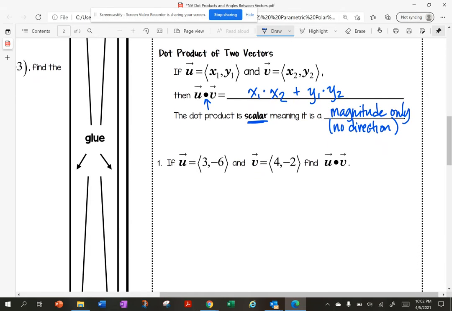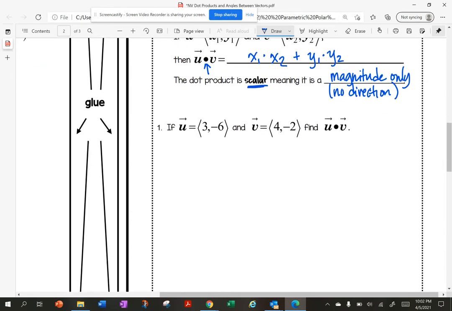All right, so let's do an example of a dot product. If vector u is 3, -6, and vector v is 4, -2, find the dot product of vector u times vector v. Okay, so here's x1, y1, x2, y2.